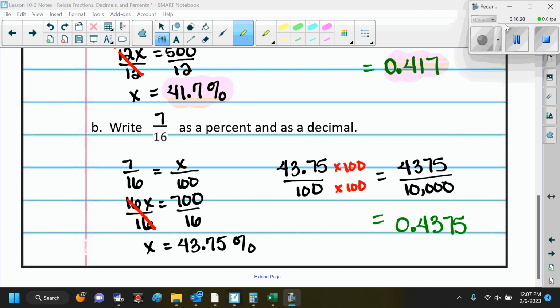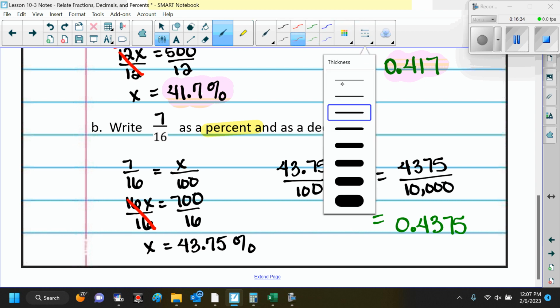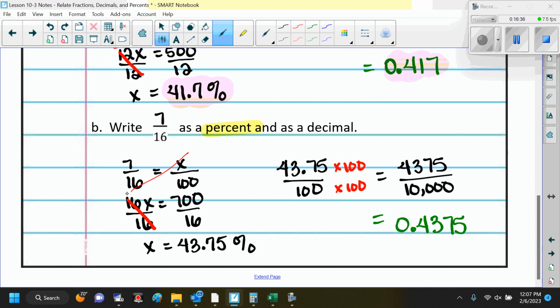All right. So for 7/16 as a percent, we need to write per 100. So we're going to cross multiply. And when we cross multiply, over here we end up with 43.75%. Now, percent means per 100. So here, that's going to be 43.75 over 100.